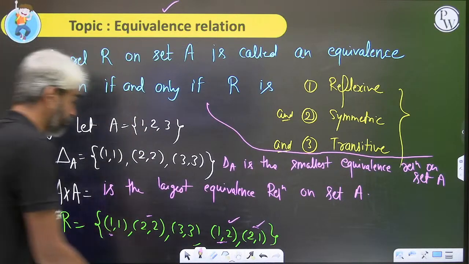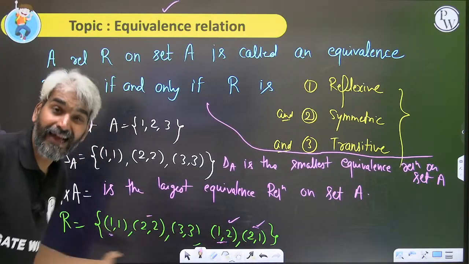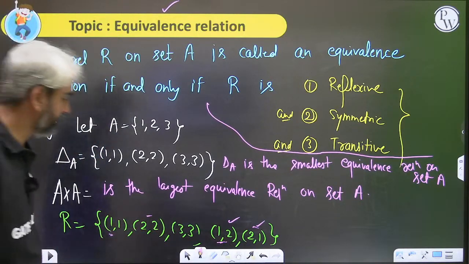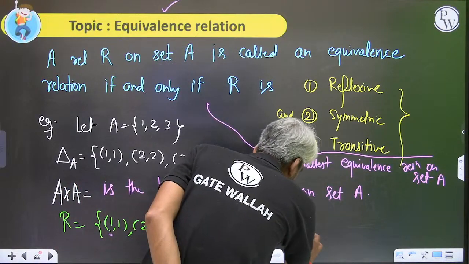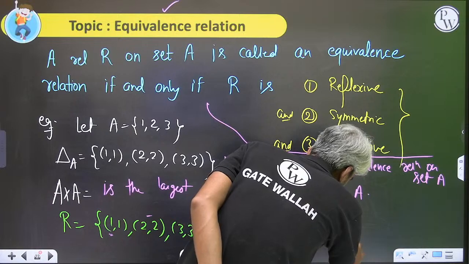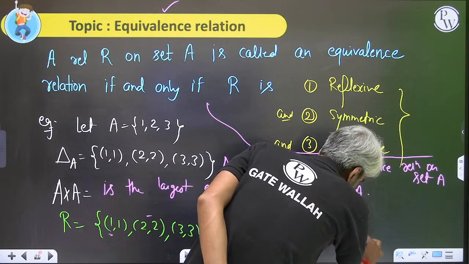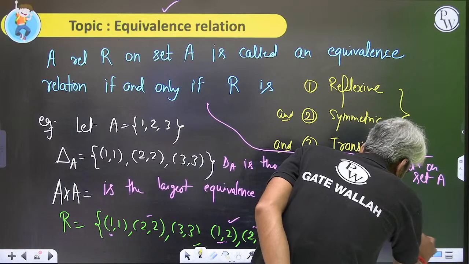Clear? So this is reflexive, symmetric as well as transitive. No transitive property is being dissatisfied, therefore this is also an equivalence relation.